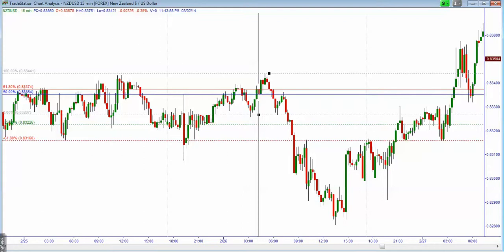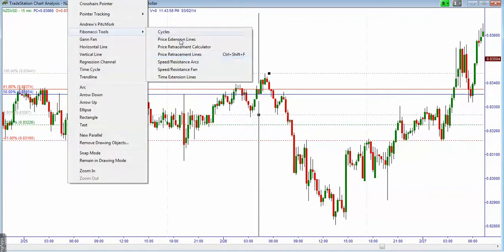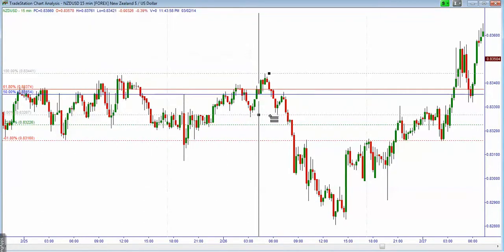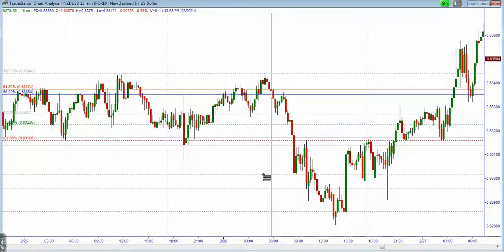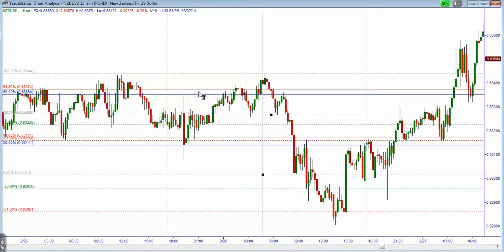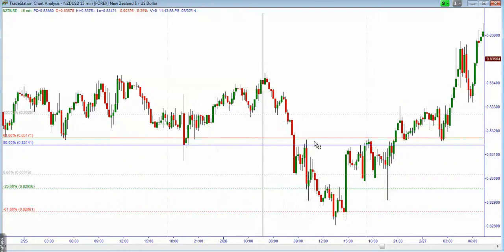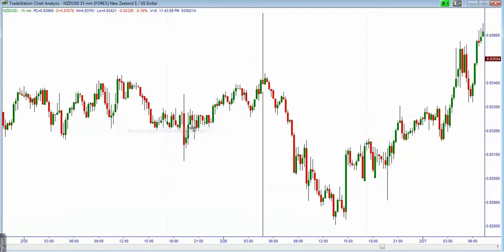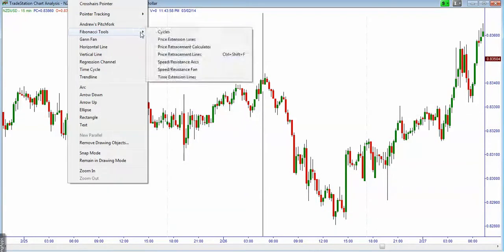We go well below the second target, and we know that we are moving in extensions, so lows to lows, 0.8314 participation, market into 0.8295 second target, and again lows to lows.